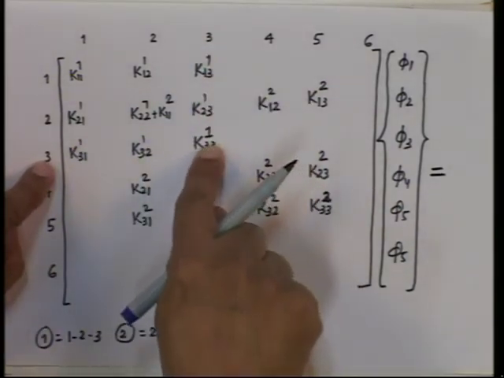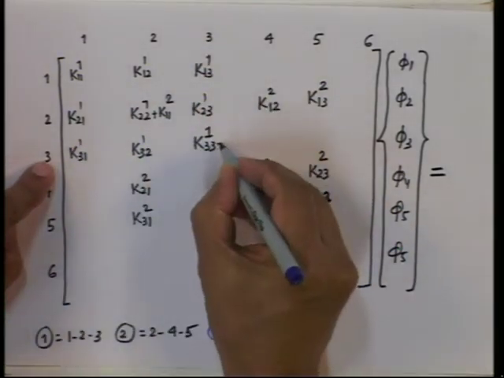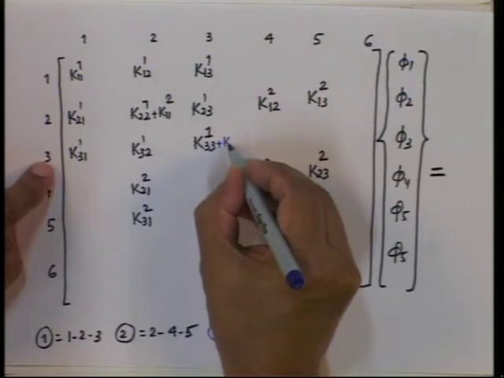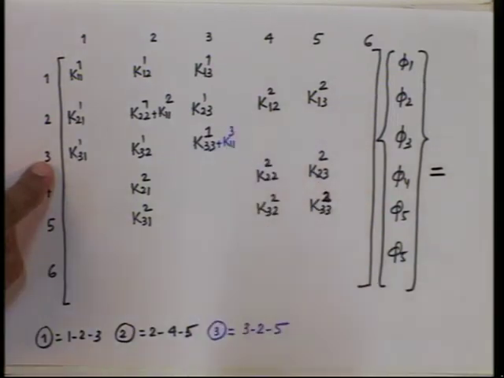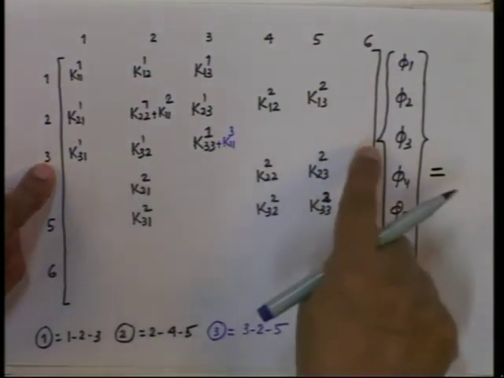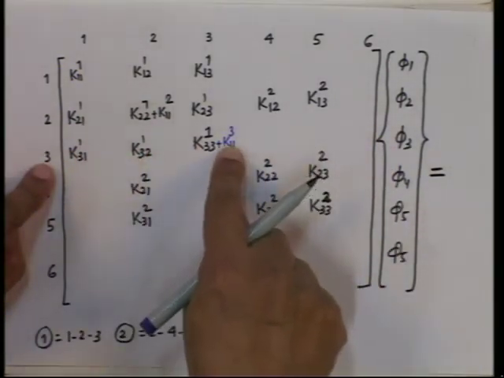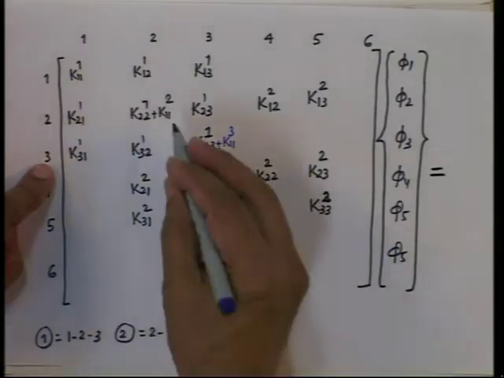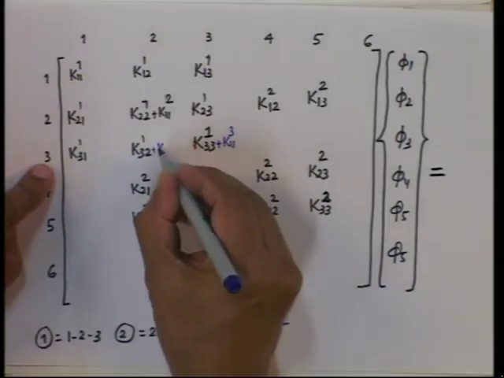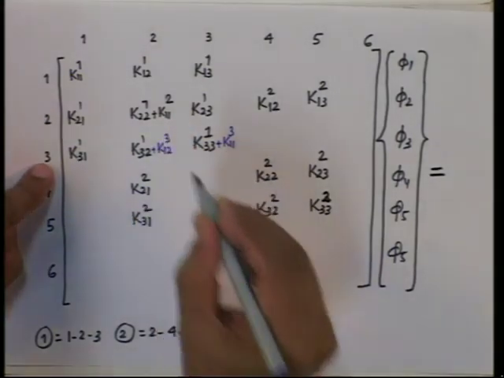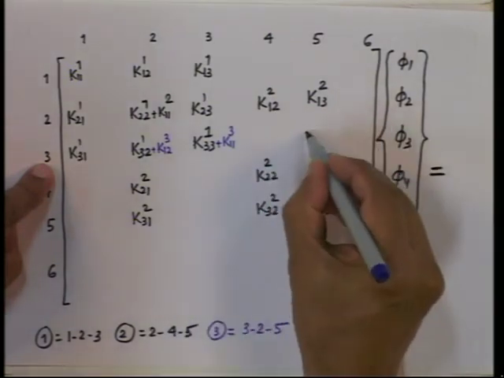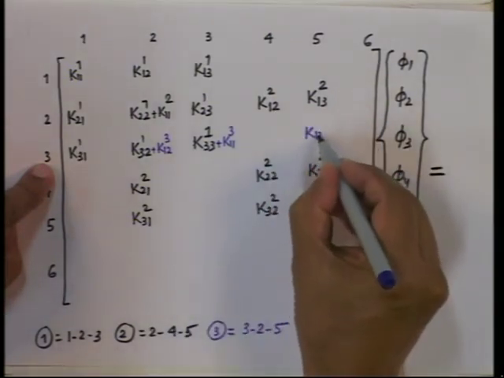So, it will be here k 1 1 of 3. Then you stay on the same row 3, 2, 5, 3, 2, 5. So, here it will be plus k 1 2 of 3 and fifth one is here, k 1 3 of 3.